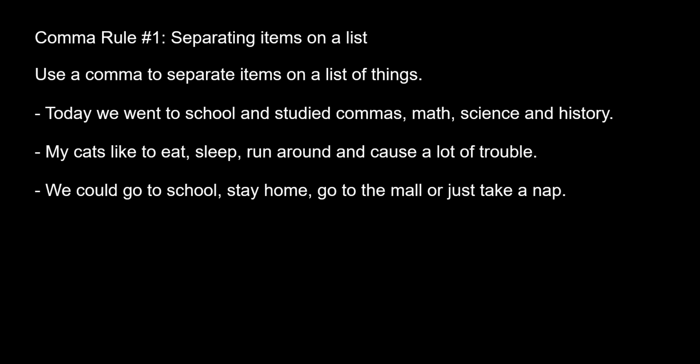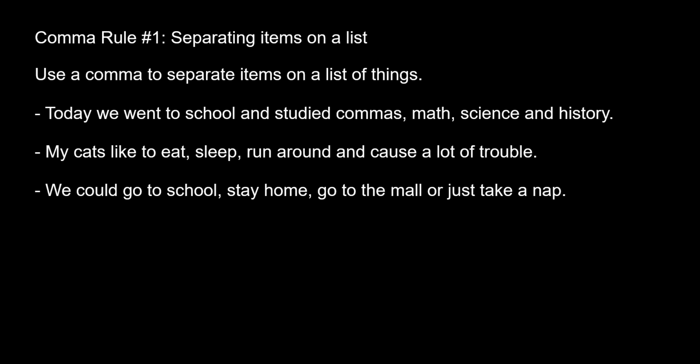So, rule number 1 of using a comma is to separate items on a list. So you use a comma to separate items that are on a list of things that you have placed into a sentence. So let me give you some quick examples now. Today we went to school and studied commas, math, science, and history. Or over here, my cats like to eat, sleep, run around, and cause a lot of trouble.